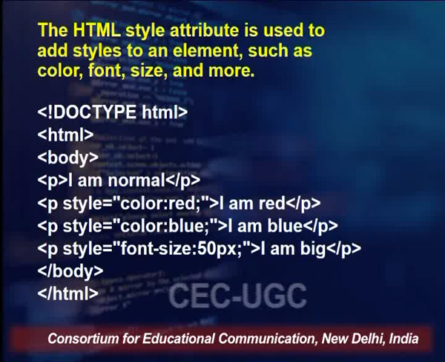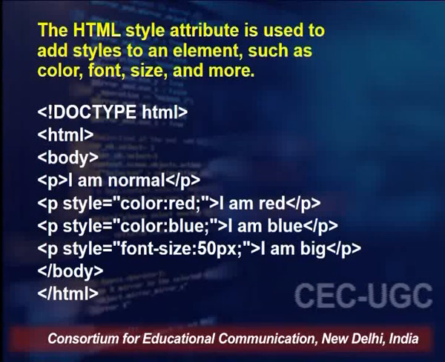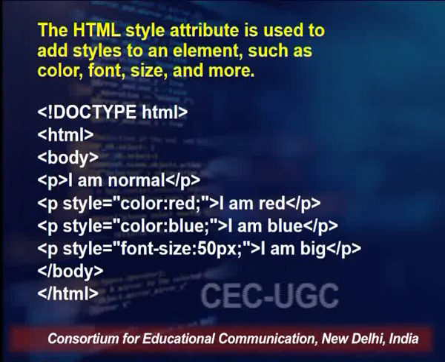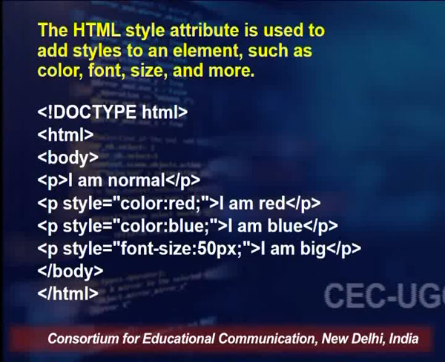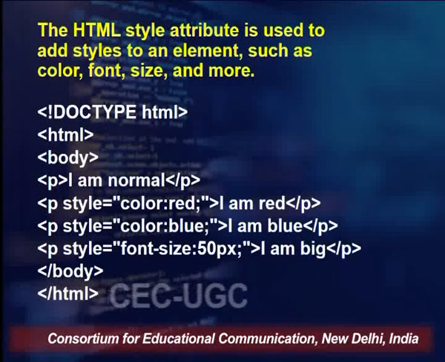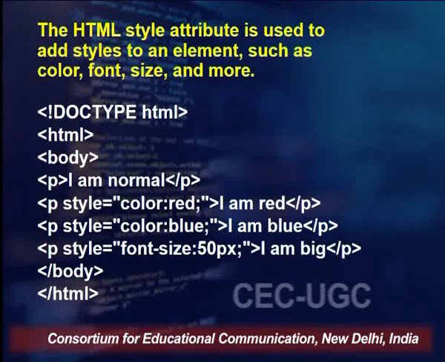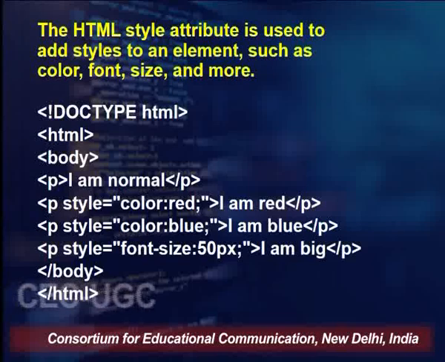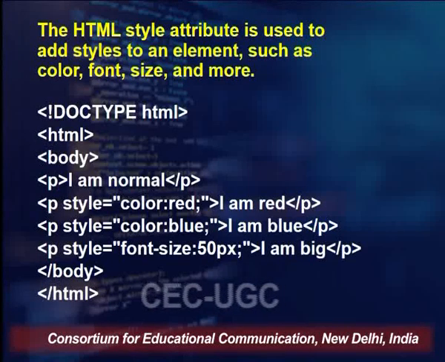Earlier there was a font tag, and color, font type and size were the attributes. Here, style itself is the attribute which is used inside the paragraph. So let's see what elements or what kind of display can be controlled using this style attribute.